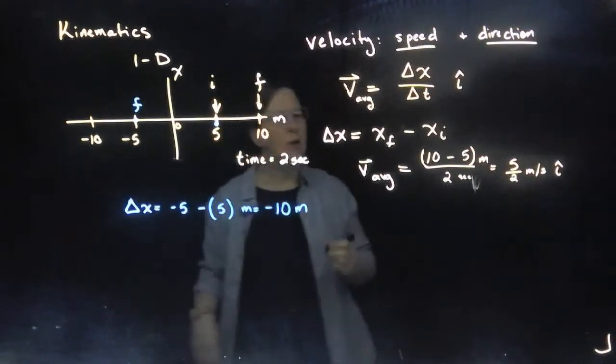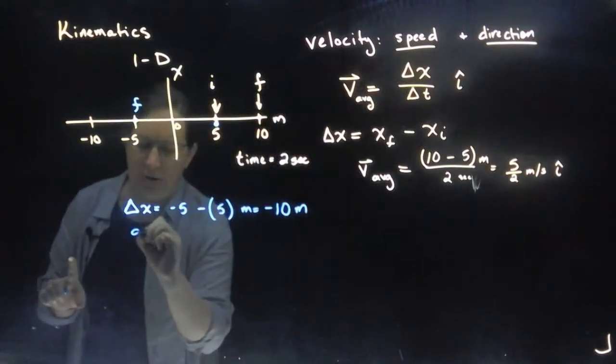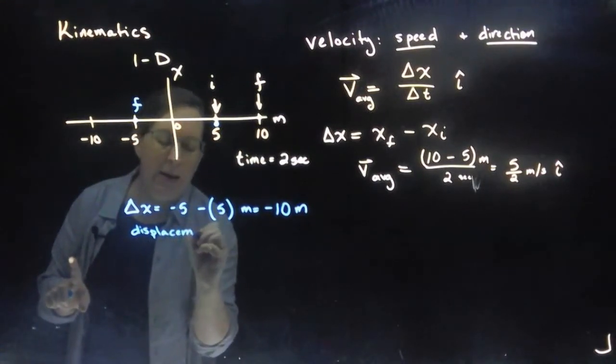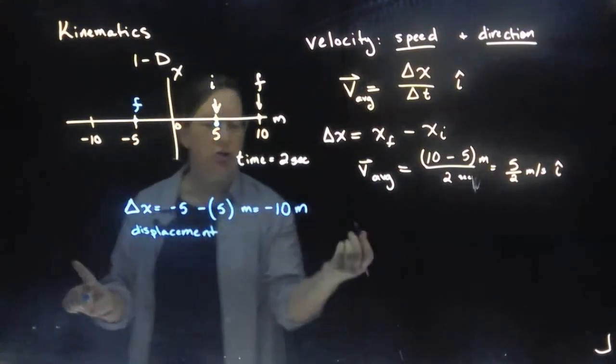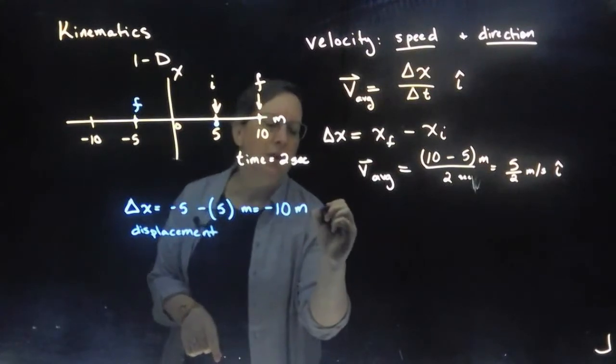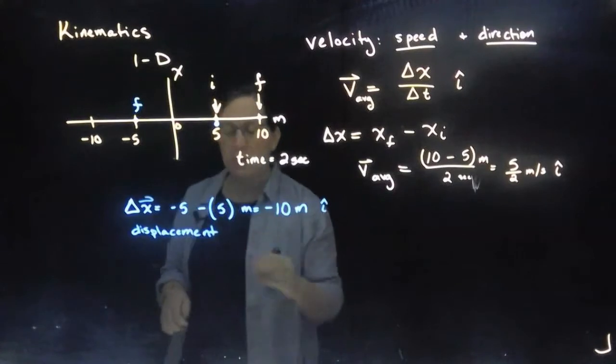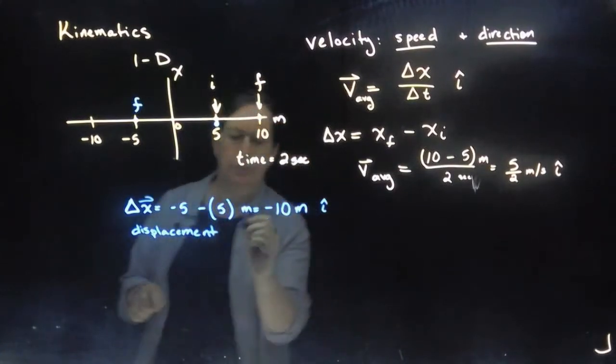So this distance that we go, this is called our displacement. And it is a distance and a direction. So this would be -10 meters in, of course, the i hat direction. Okay, so displacement is also a vector.